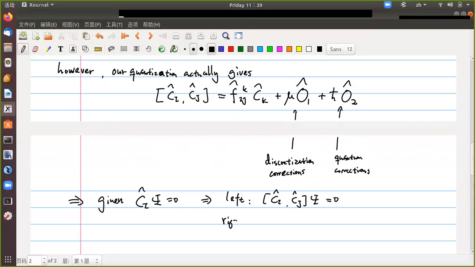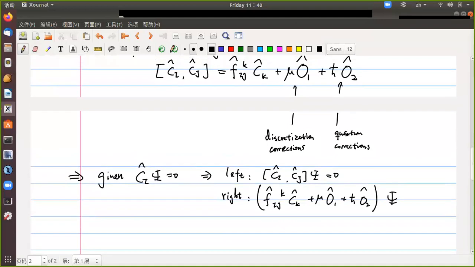But the right-hand side, f_ijk C_k hat plus mu O1 hat plus h bar O2 hat, acts on psi. Clearly it is not 0. The first term will give you 0, but the rest gives mu O1 hat plus h bar O2 hat acting on psi, which is not equal to 0.